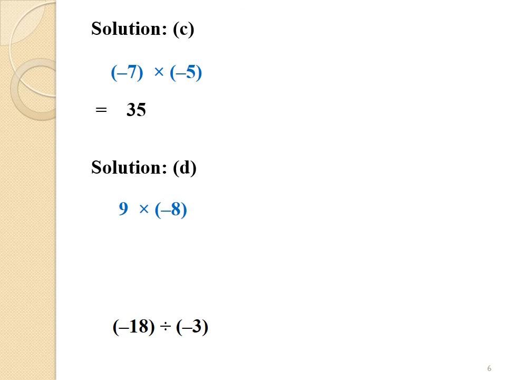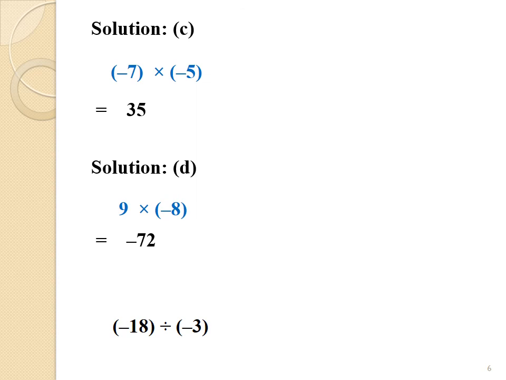That is, the integers are of unlike sign. Thus, 9 into minus 8 is minus 72.